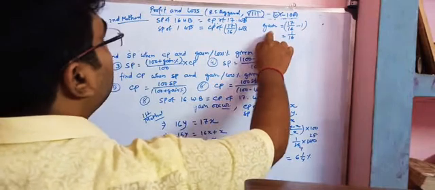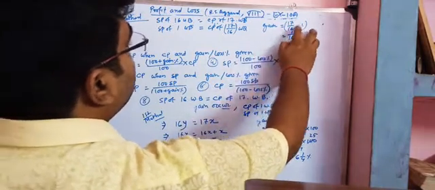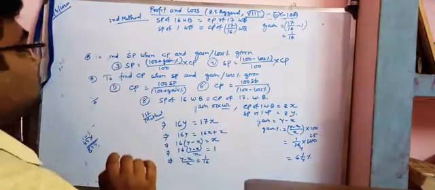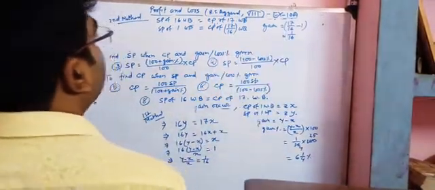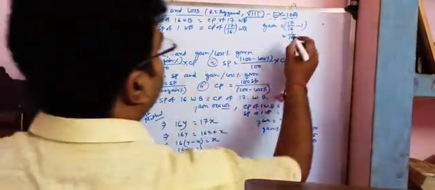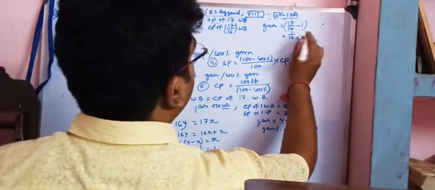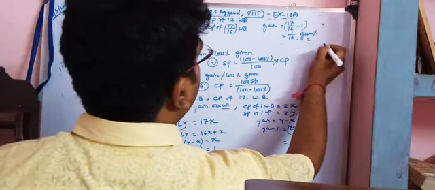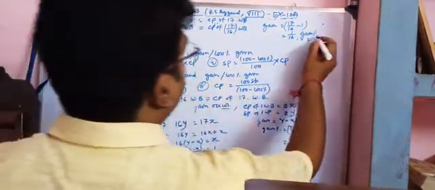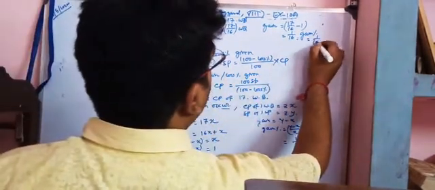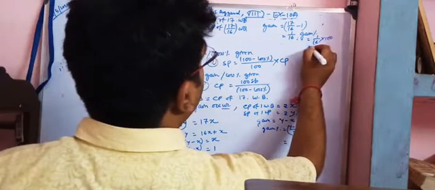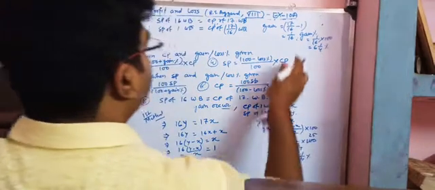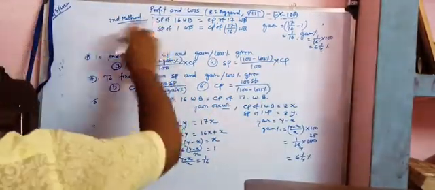My gain is equal to 17 by 16 minus 1, that is 1 by 16. And gain percent, for finding the percent, we multiply by 100: 1 by 16 into 100, that means 6 whole 1 by 4%. So by the second method we are getting this result.